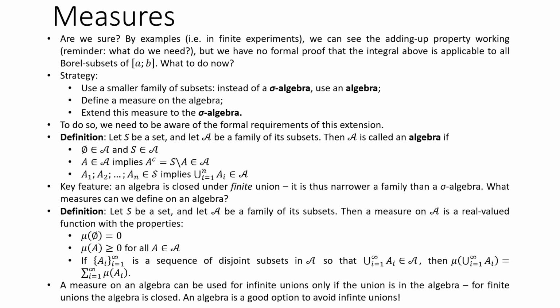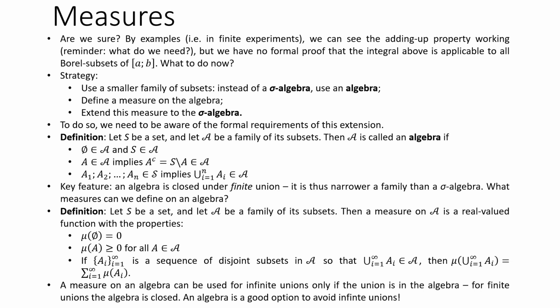So a measure defined for an algebra can be used for infinite unions, but only if the infinite union is in the algebra. And just like in the case of sigma algebras, for finite unions we don't need to pay attention, because algebras are closed under finite unions.